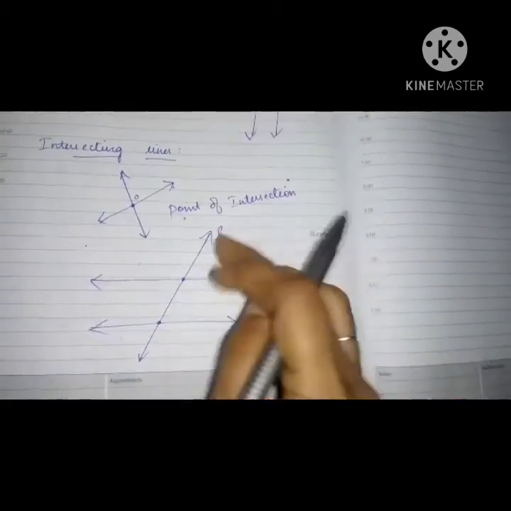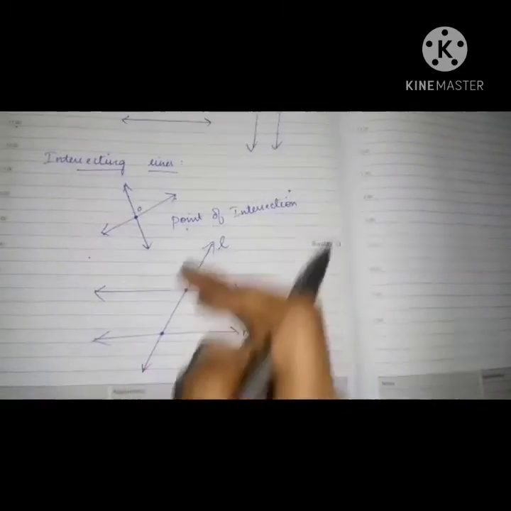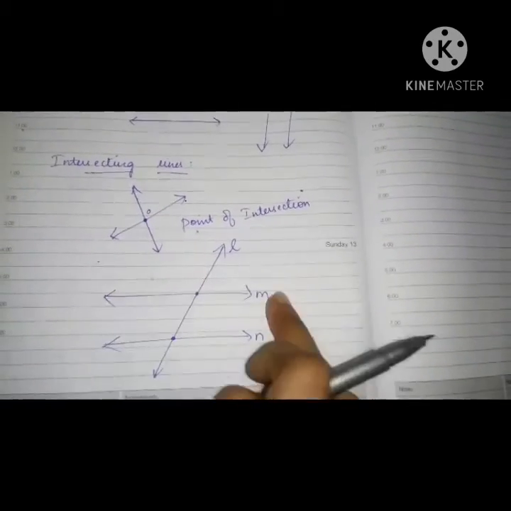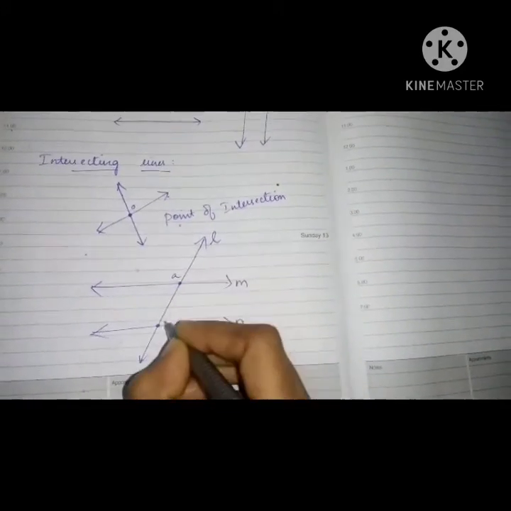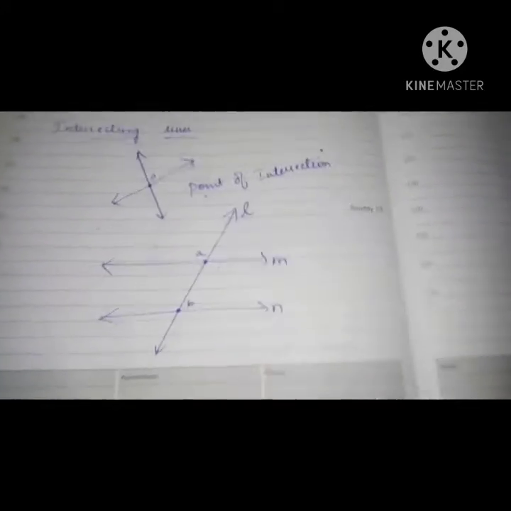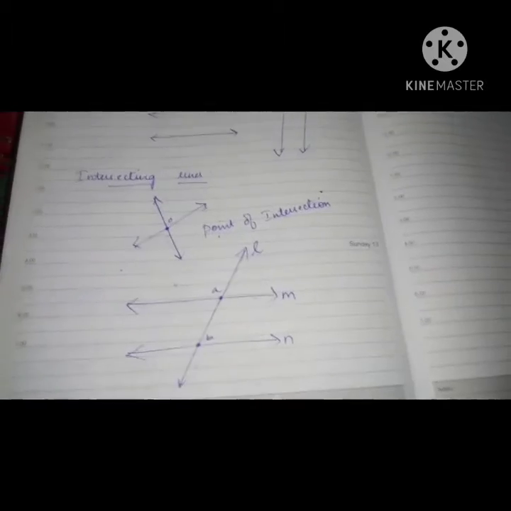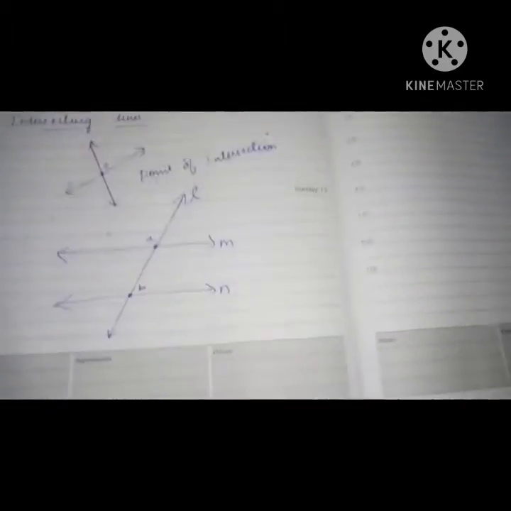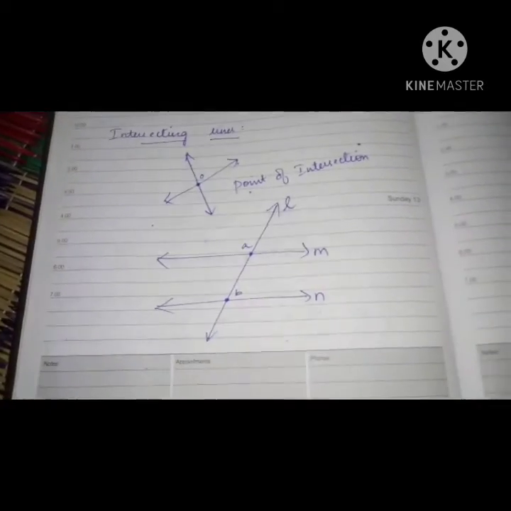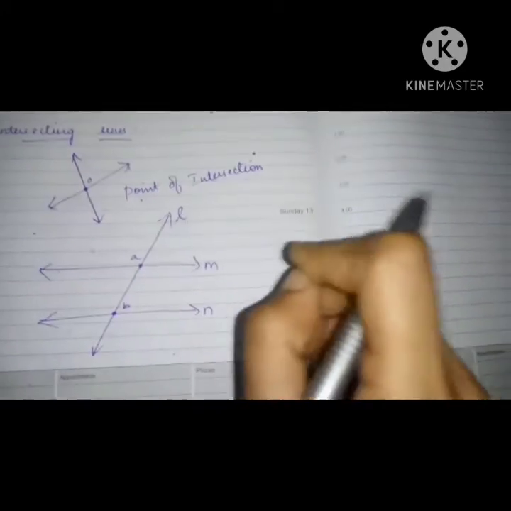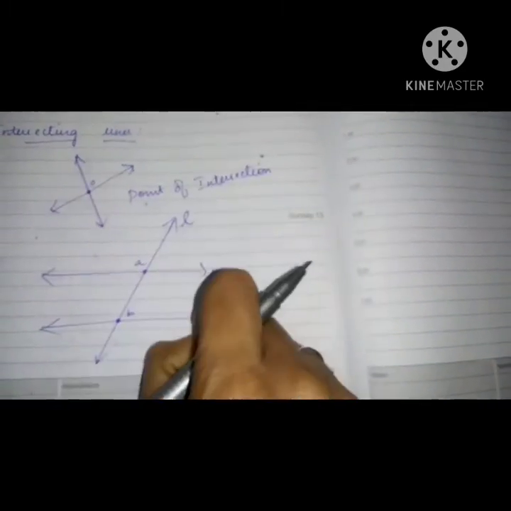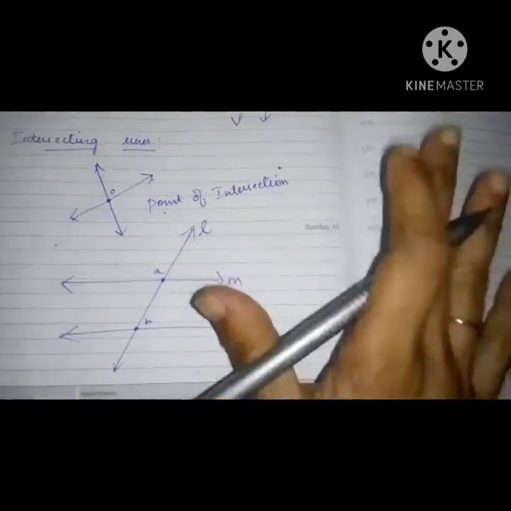L is a transversal line because it touches the parallel lines M and N at points A and B. So a transversal line is nothing but a line which touches M and N at two different points.